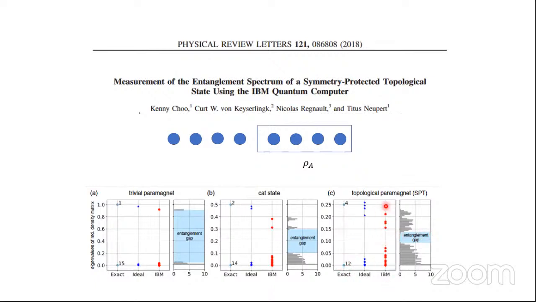Here you see one realization: there are 4 edges far above and many edges below. If they repeat the experiment many times, you can still identify 4 that are above some gap, and they should be degenerate. If this was a topological phase, and I'm going to explain that better in a moment, the key feature is that these 4 edges are degenerate.